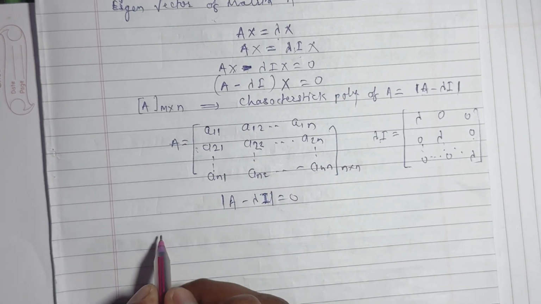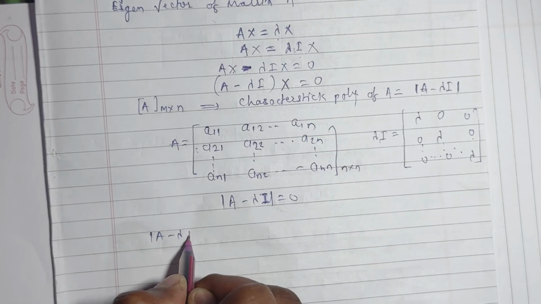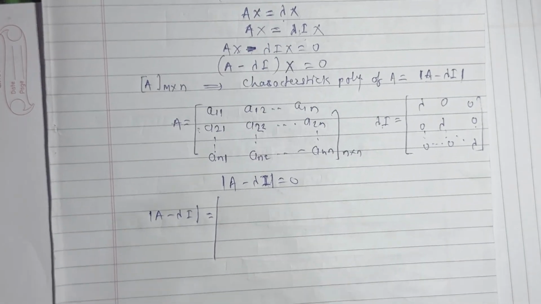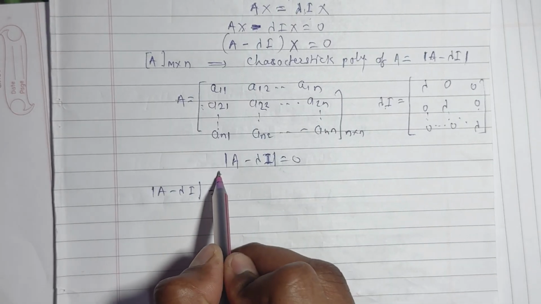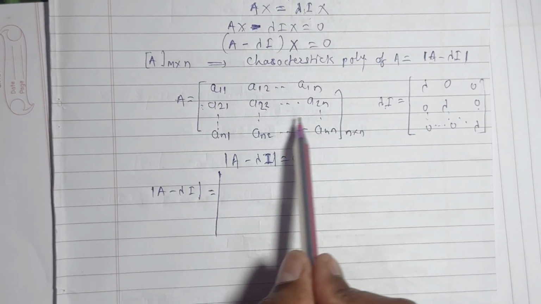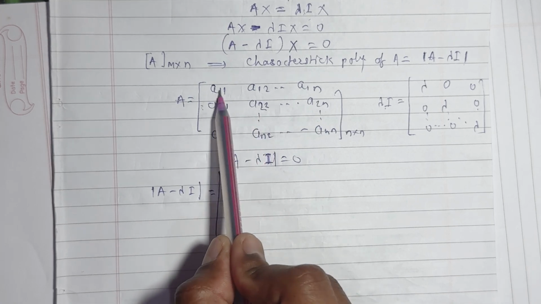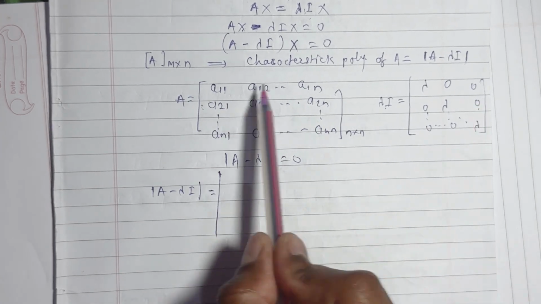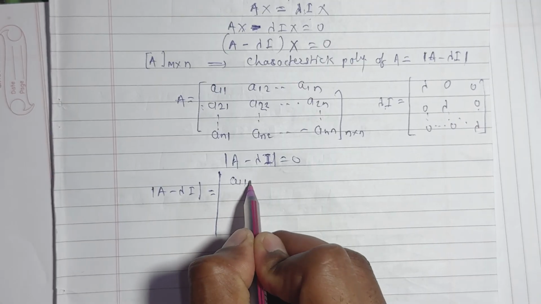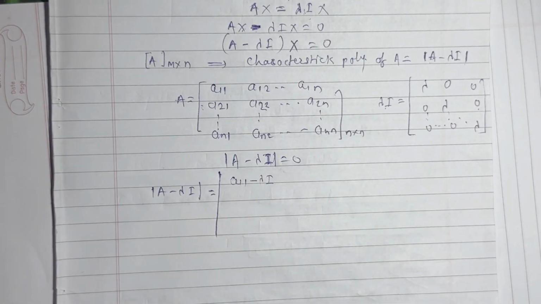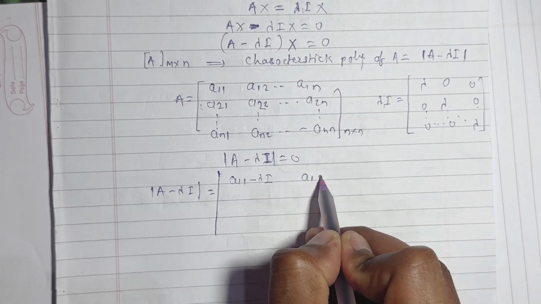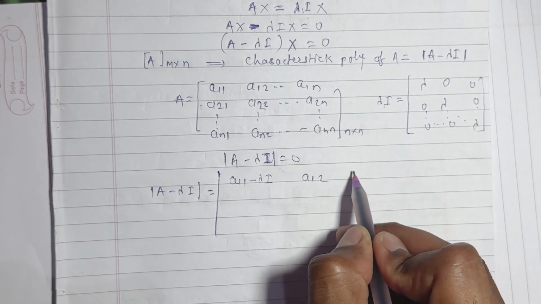So how does A − λI look? Let me write this one. We are taking its determinant. A11 minus λ, a12 minus 0, that is a12 only, up to a1n minus 0, a1n.